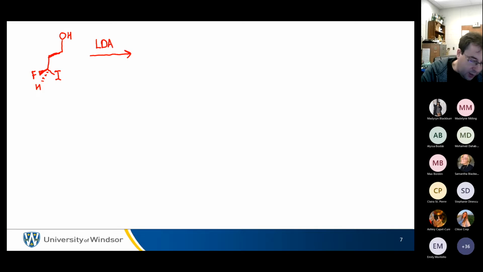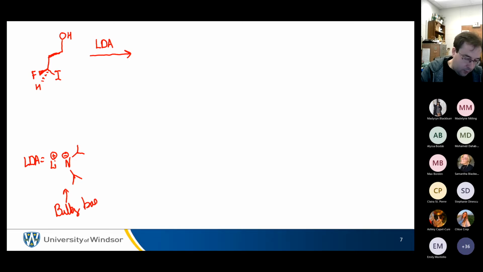It's called LDA. I'm going to draw it out. Lithium diisopropyl amide. Lithium, nitrogen, 2 isopropyl groups. Bulky base. Let me rephrase that. It is not a nucleophile.